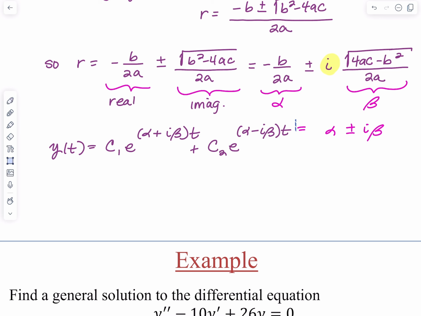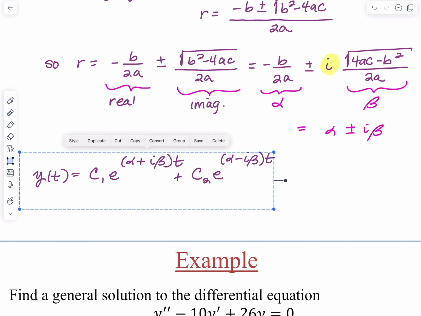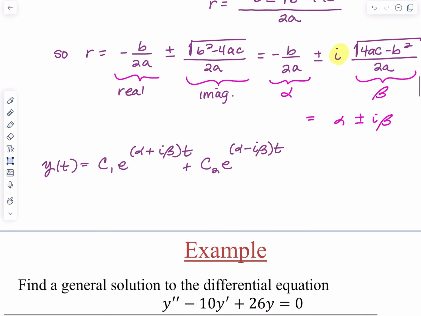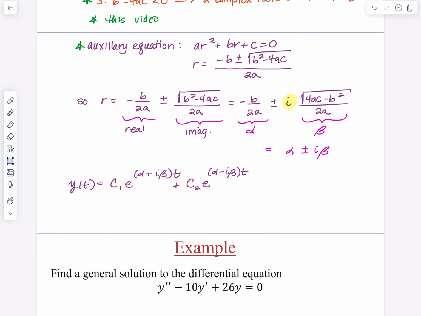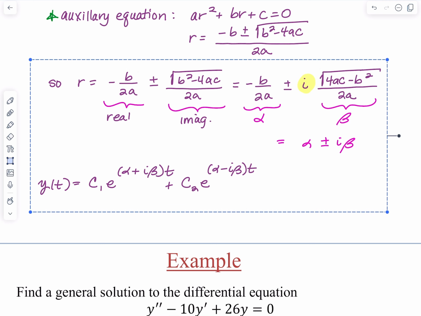And those are our two r values there in the exponent. Okay, so let's go ahead and think about this. Here we have some imaginary numbers in the exponent. And we would like to have real numbers in our exponents.